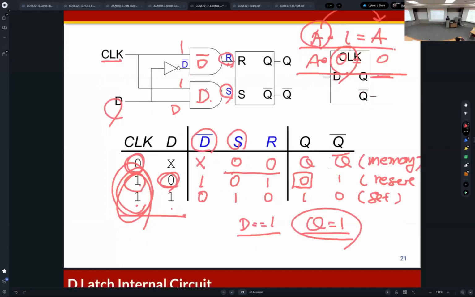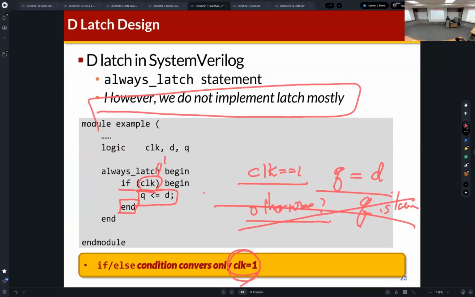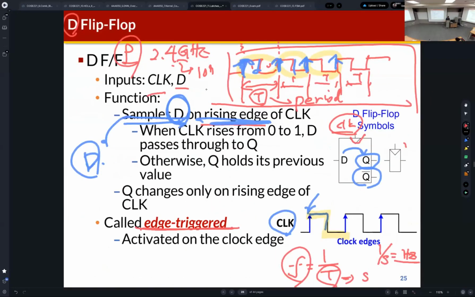So this is the clock signal, and during the time the clock signal is 1, Q is just D. This is the behavior. But the D flip-flop is different. Only at this point Q becomes D, right?